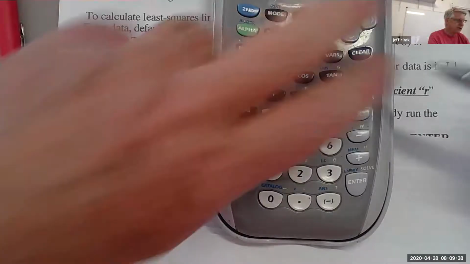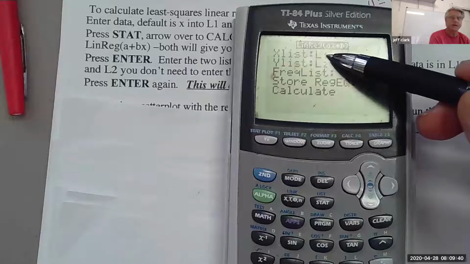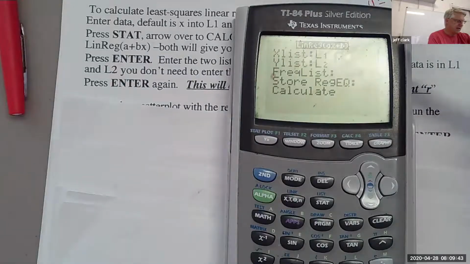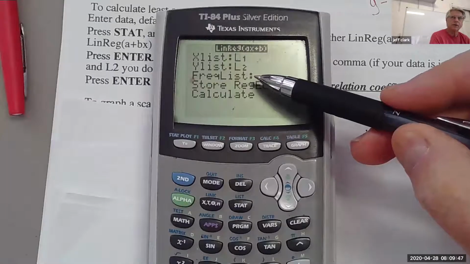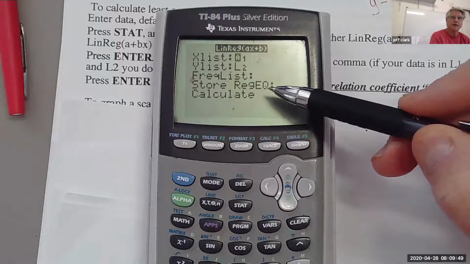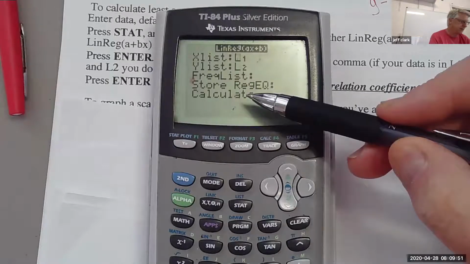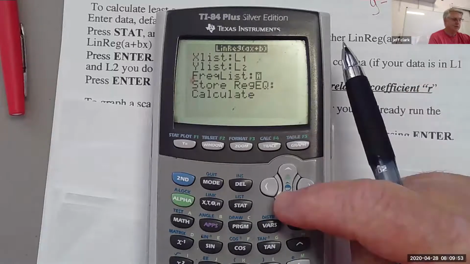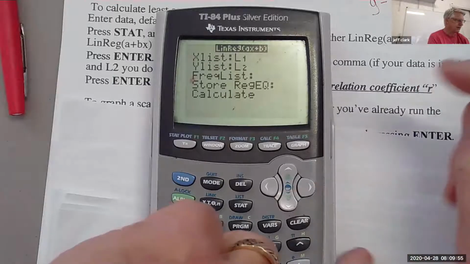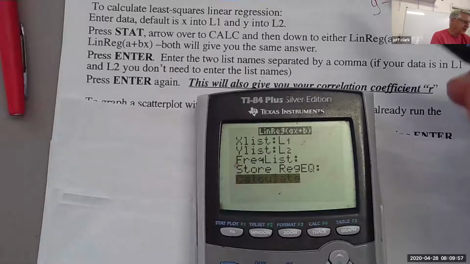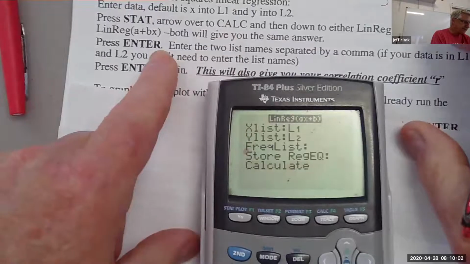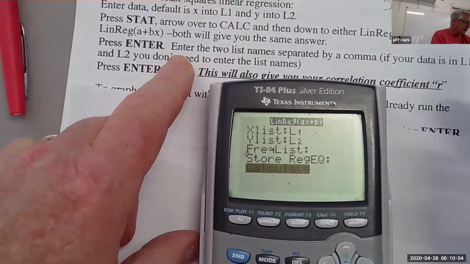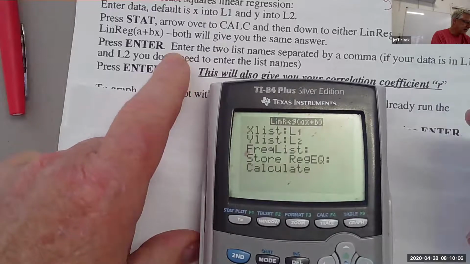So always make sure that X is list 1 and Y is list 2. Leave the frequency off. Don't even worry about that. Look at the calculate. So go down here, and head over to calculate. On this one, press enter, 2 names.